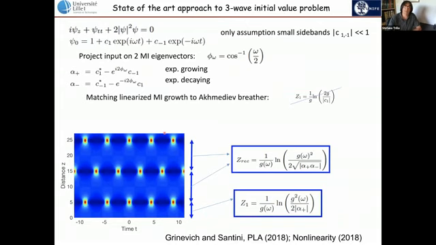Okay, back to the state of the art in our approach. What I consider state of the art is an approach developed by Petr Grinevich and Paolo Santini. We discussed that back in 2018.